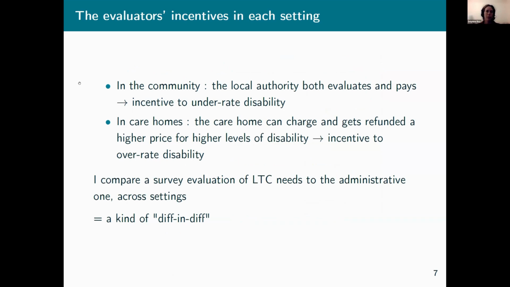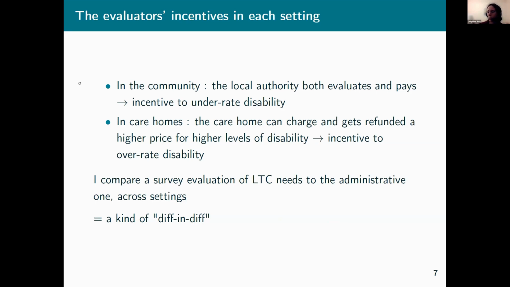Okay. And so, as I said, the important point here is that in the community, the local authority evaluates and pays. So they have this economic incentive to underrate disability, whereas in care homes, they can charge and get refunded a higher price for higher levels of disability.